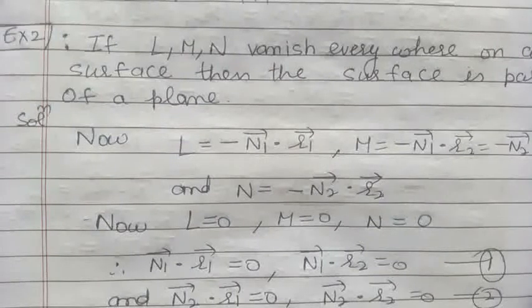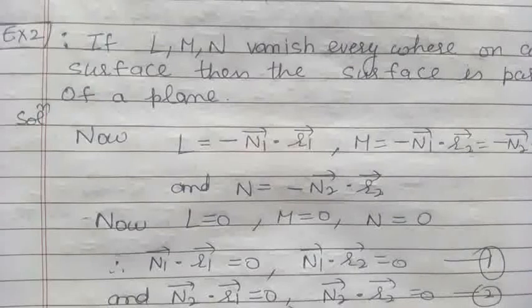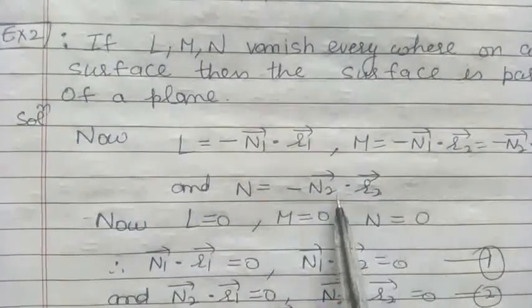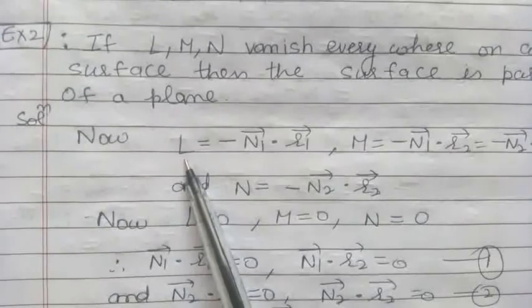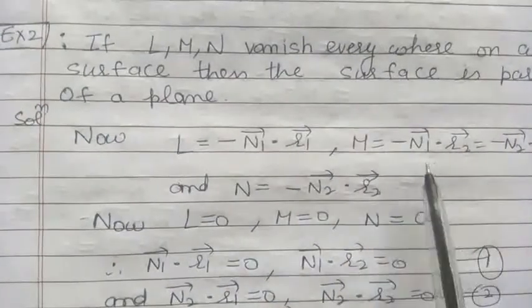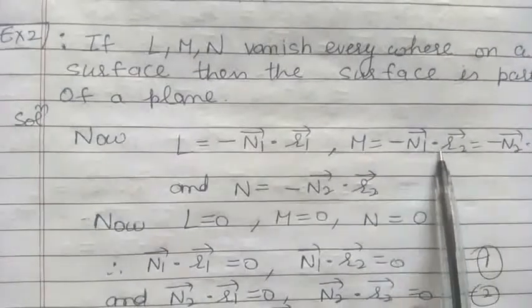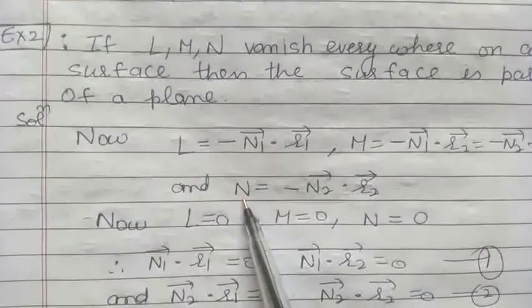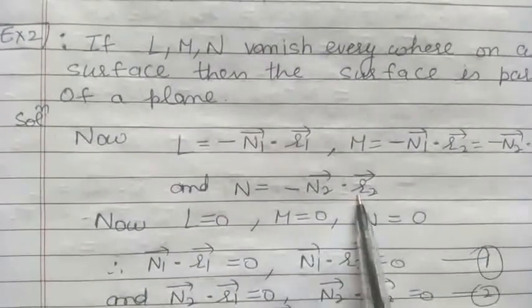So in order to prove that, let us start from the definition of the fundamental magnitudes L, M and N. We have already derived the values of L, M and N in the previous articles. L is given by minus n1 dot r1, M is given by two terms, either we can use minus n1 dot r2 or we can use minus n2 dot r1, and N is given by minus n2 dot r2.